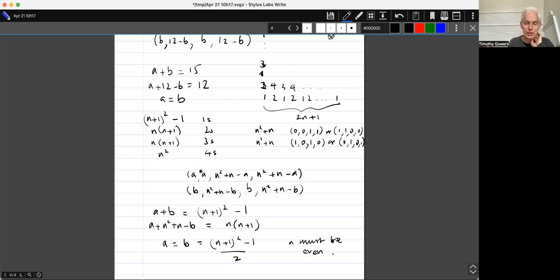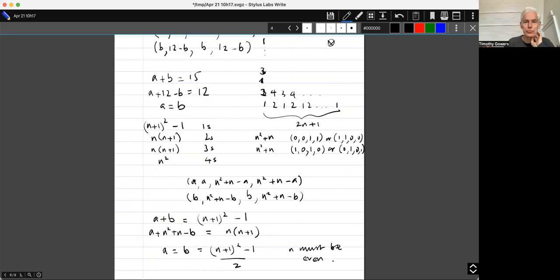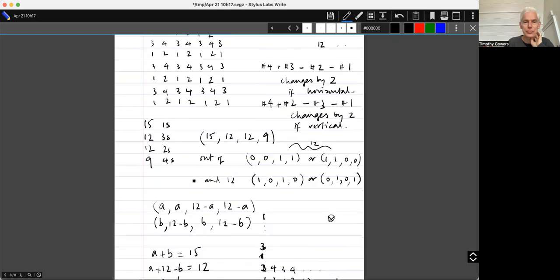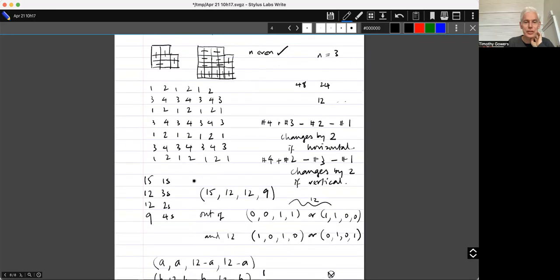It seems that I only really needed to look at the number of ones and the number of twos. So can I see that in a sort of slicker way? Each horizontal one covers the same number of ones and twos, and each vertical one covers a different number of ones and twos.